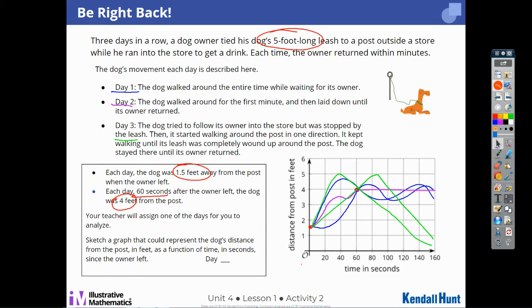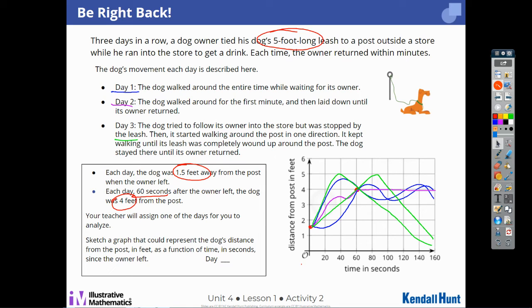So in this specific situation, we would say that the distance from the post is a function of time. But can we switch those? So if I rotated that graph and I said the time in seconds is a function of the distance from the post, that would create a false statement because for distances, so if you're looking at the green line, at 4 feet, or let's do 3 feet.